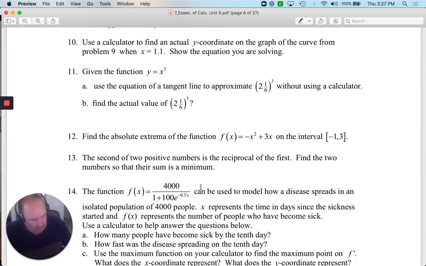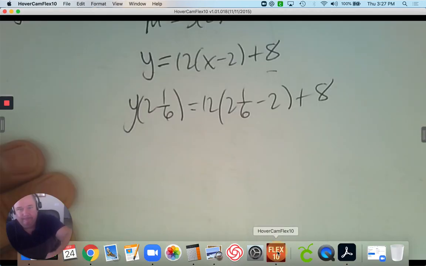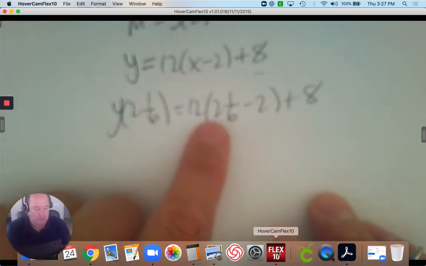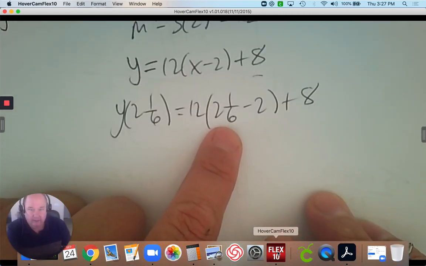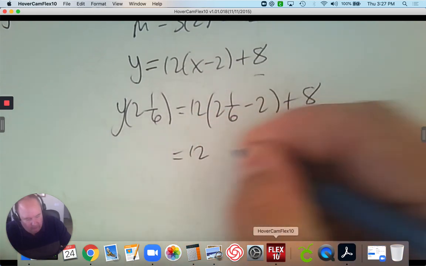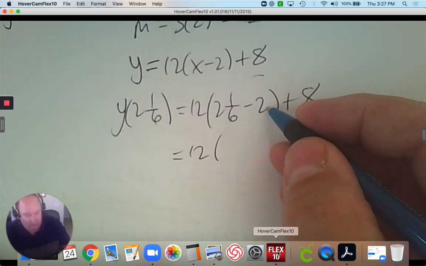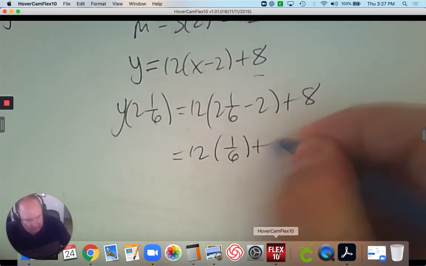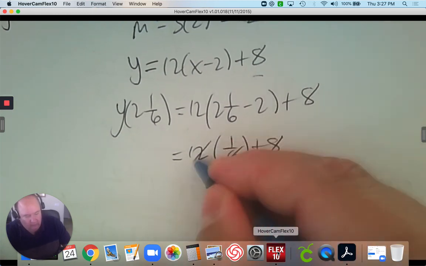So if I approximate 2 1/6, that's what it would look like. 2 1/6 take away 2 just leaves me with 1/6. And then 6 goes into 12 twice.